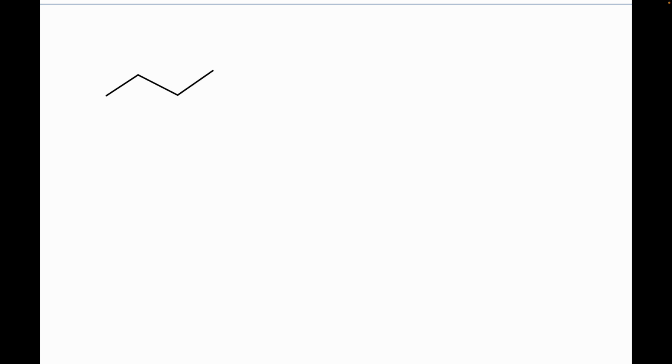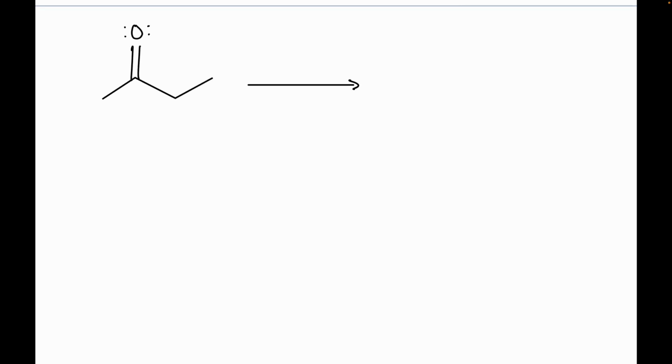So let's take our butanone and we're going to react this with a Grignard. Everybody take a second and tell me my product of this reaction, and then we're going to look at our mechanism.